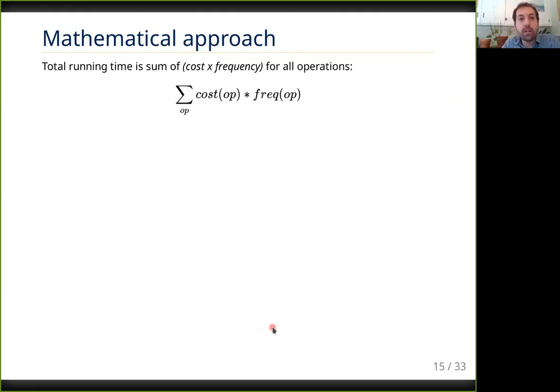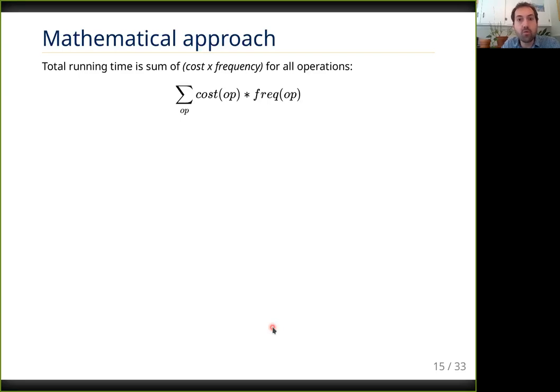The idea behind the mathematical approach is that we would look at all of the operations that a certain program performs, and we would try to associate a certain cost. For example, that could be a cost in terms of the number of nanoseconds that one operation takes.